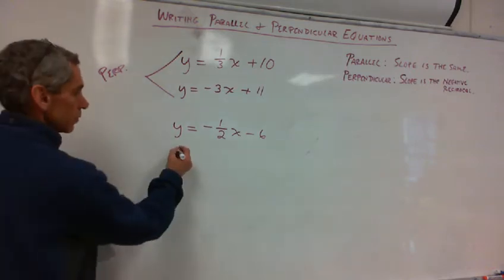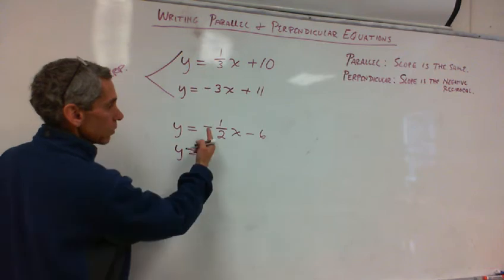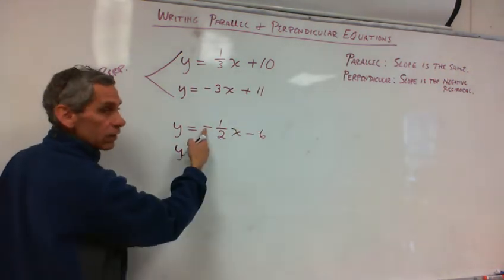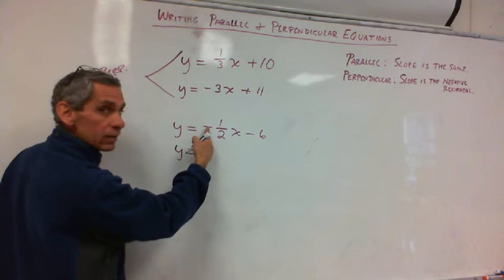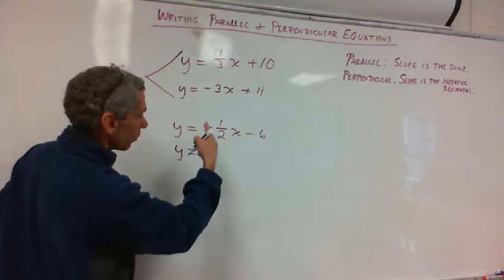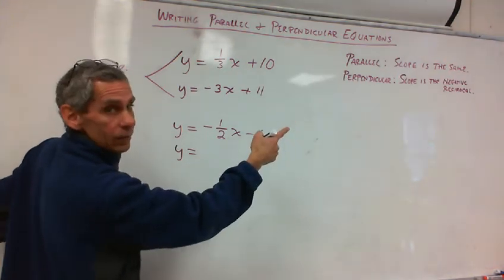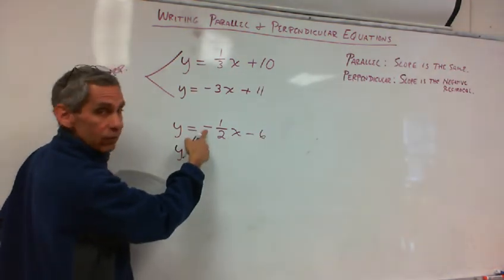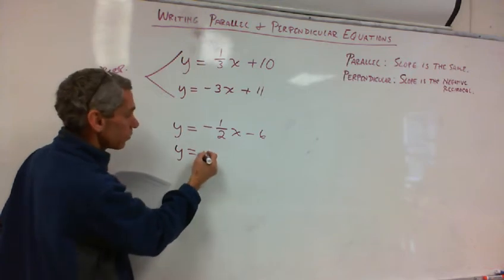Y equals 1 over 2 x minus 3. Okay, the negative, you're right. Negative becomes positive, so the sign is always going to change. Does that make sense? That doesn't mean it's always going to be negative. It means it's the negative of this, which is negative of a negative, a positive. So the signs will always be the opposite sign, so it's positive.